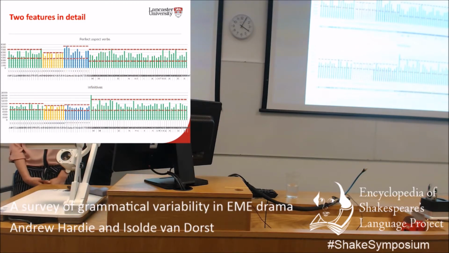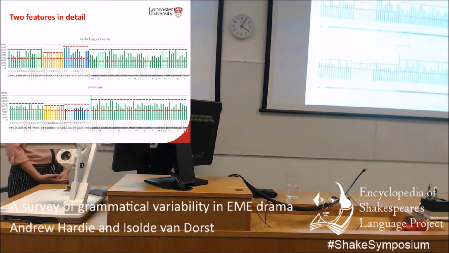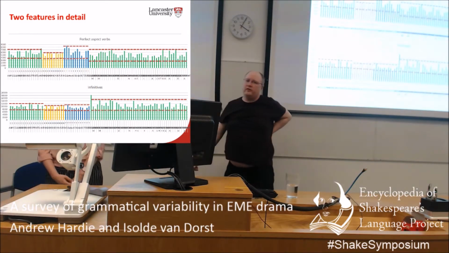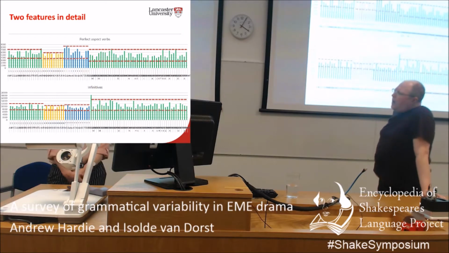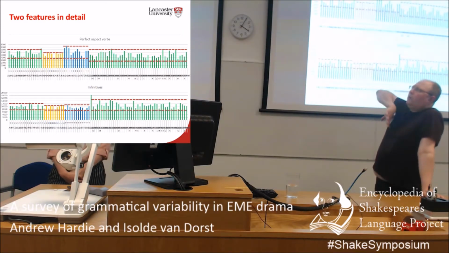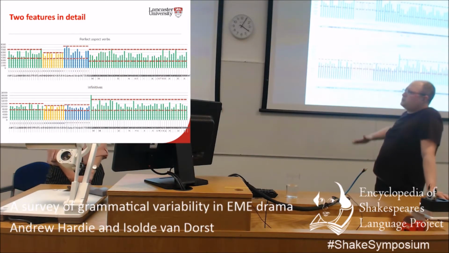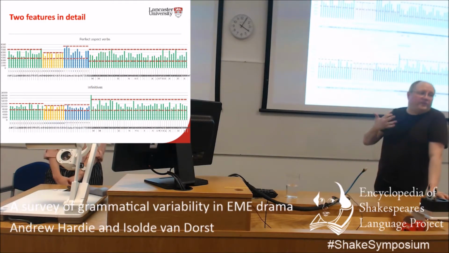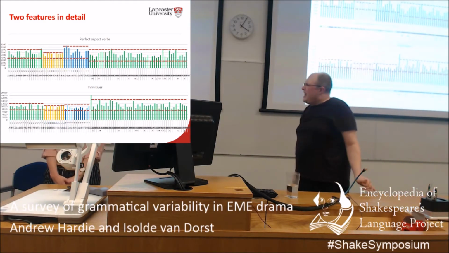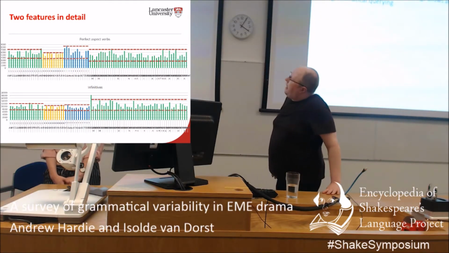I considered that one an outlier, but otherwise there's at least another 1, 2, 3, 4 that are quite close to it, and so you have to start to think, all right then, what is the reason for this? Why is it that within the comparative corpus there are certain plays that are such great users of verbs in the infinitive form? Answering that is a harder question than just looking at numbers, of course.